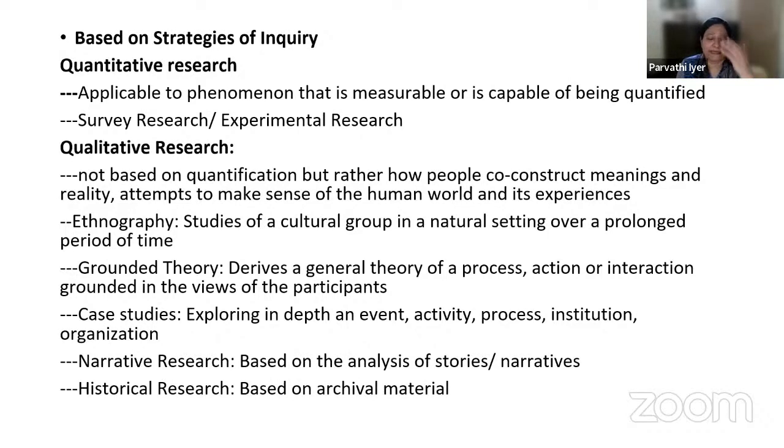Survey research and experimental research: survey research is something that is done in social sciences, particularly in economics. Say, for instance, if you want to do econometric studies, you would undertake a survey of a very large sample, and then you would subject it to quantification and statistical analysis and so on. In sciences, of course, you have experimental research. So in a sense, this is how quantitative research is done.